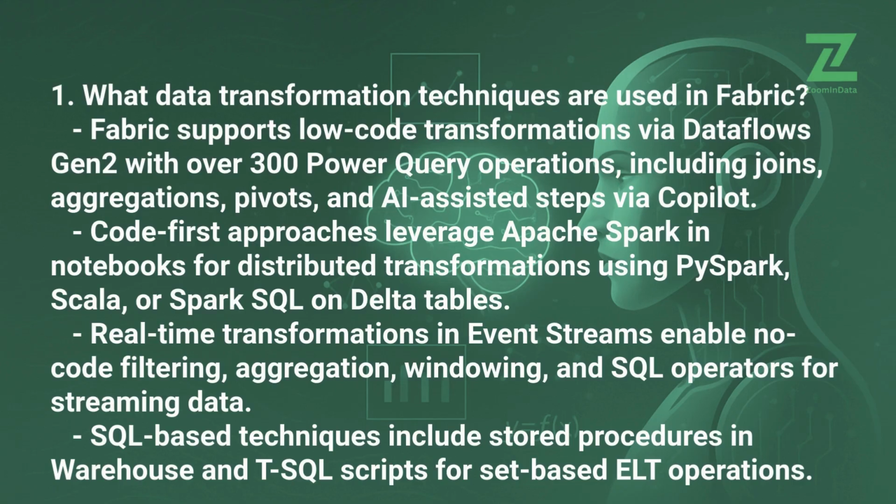Code-first approaches leverage Apache Spark in notebooks for distributed transformations using PySpark, Scala, or Spark SQL on Delta tables. Real-time transformations in event streams enable no-code filtering, aggregation, windowing, and SQL operators for streaming data. SQL-based techniques include stored procedures in warehouse and T-SQL scripts for set-based ELT operations.